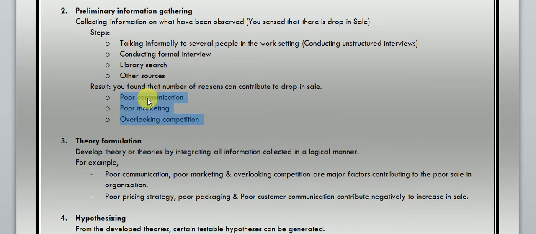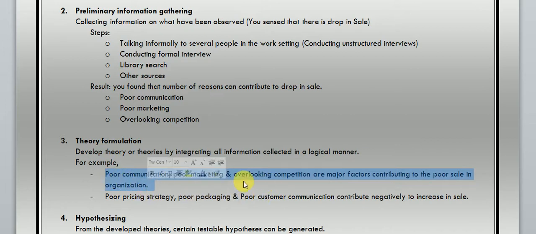How can you make a theory out of this? Poor communication, poor marketing, and overlooking competition are major factors contributing to poor sale in an organization. This is just an integrated theory, and it includes all the possible factors which affect the sale, and you have developed this theory from where? Out of this collected information.